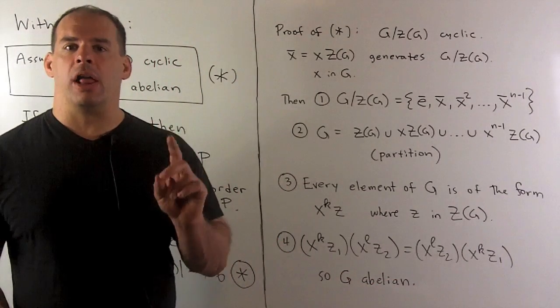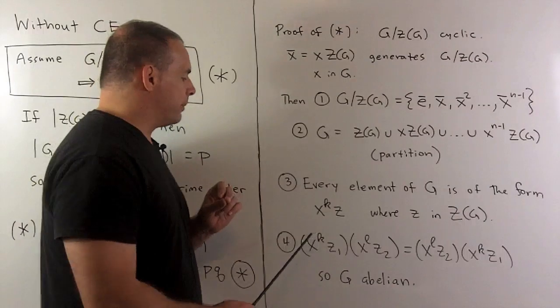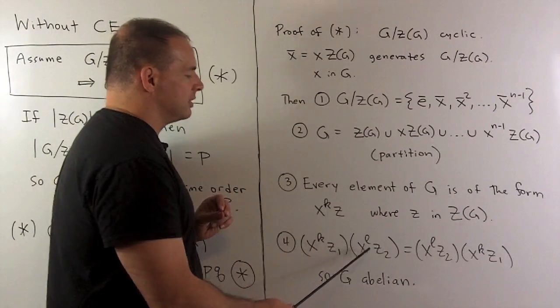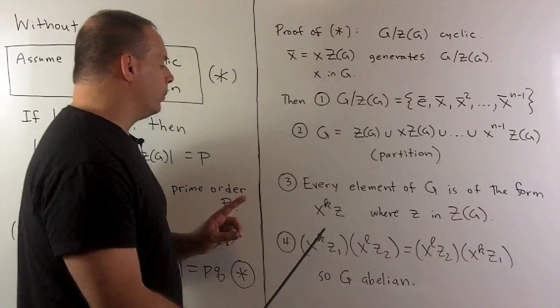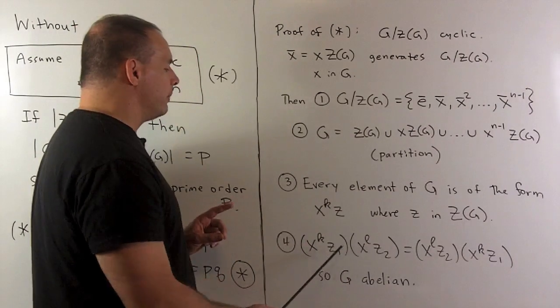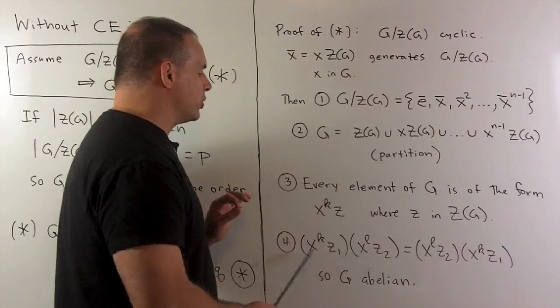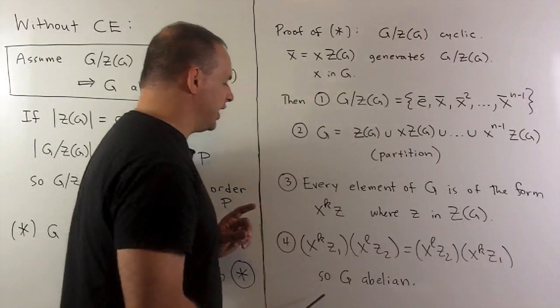So I'll take any two elements in our group. I can write them as x to the k, z1, times x to the l, z2. And we note the x's commute with each other. The z's are in the center, so they commute with everything. So we can just rearrange all the terms to see that our G is abelian.